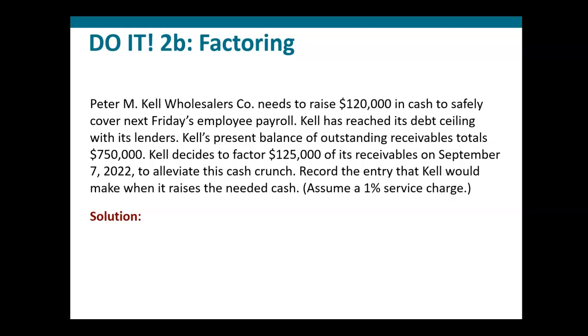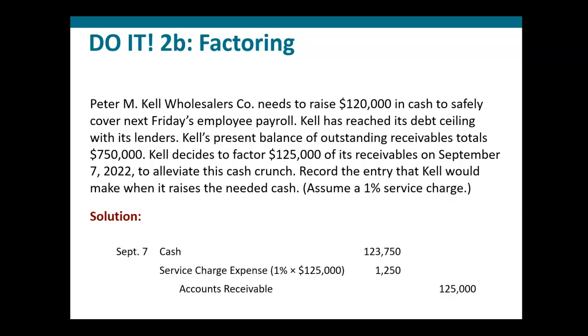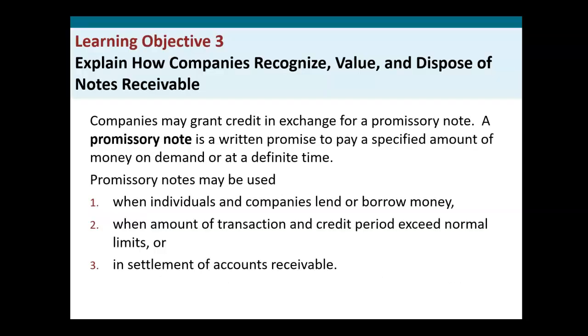So we would credit accounts receivable for $125,000. We would debit service charge expense for 1% of that, or $1,250, and we debit cash for the difference. Debit cash $123,750, debit service charge expense $1,250, credit accounts receivable $125,000.